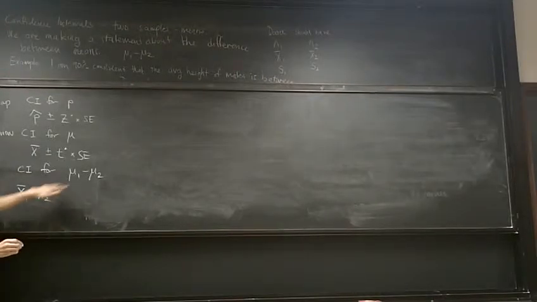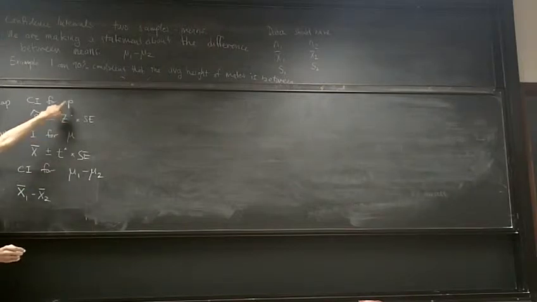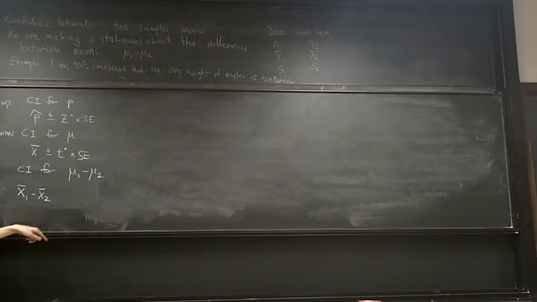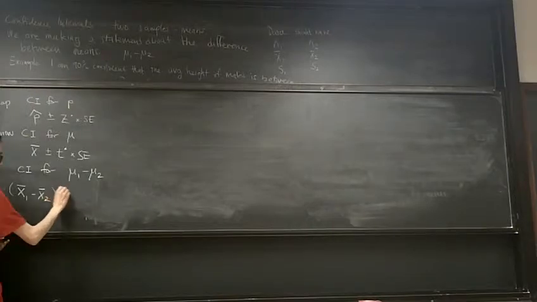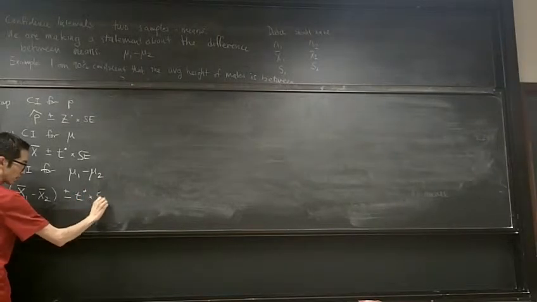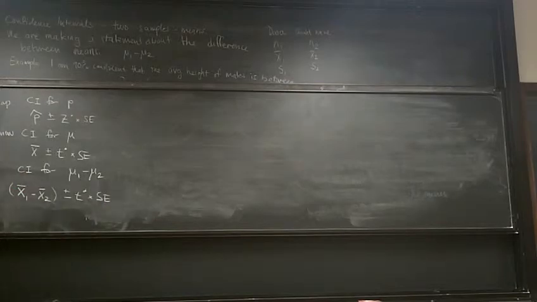Okay? So here basically I'm making an interval about this population parameter, and I put in my estimate for that. This is my population parameter, and this is my best guess for that. So this goes right in the middle. And then I'm going to go plus or minus T star times standard error. Is that okay?